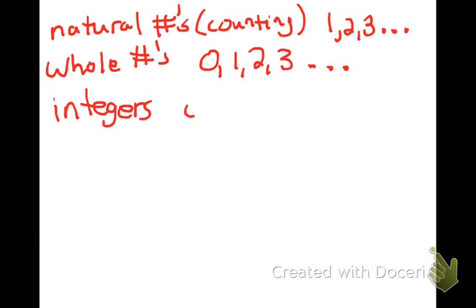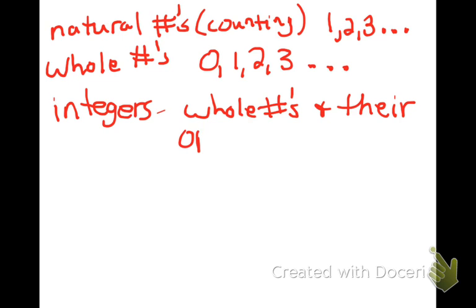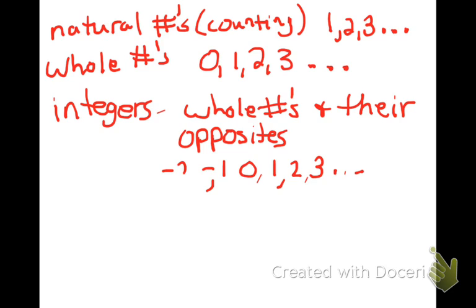And integers are whole numbers and their opposites. So whole numbers, 0, 1, 2, 3, etc., but also -1, -2, -3, etc.